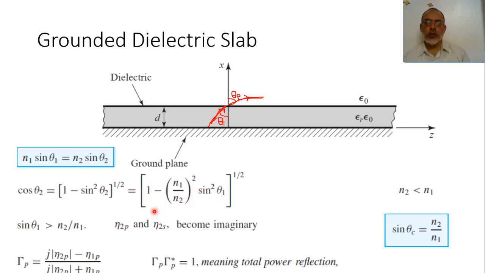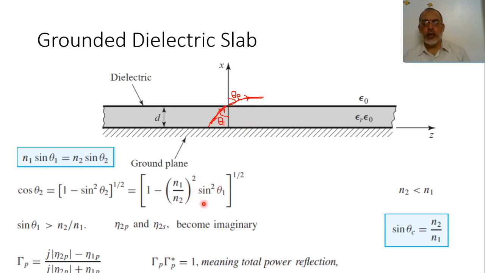So the square root of a negative value would be imaginary, and this corresponds to a non-physical angle, or in other words, there is no real angle that corresponds to the transmitted angle. In this case, all the wave inside the dielectric medium will be reflected back inside the dielectric medium.